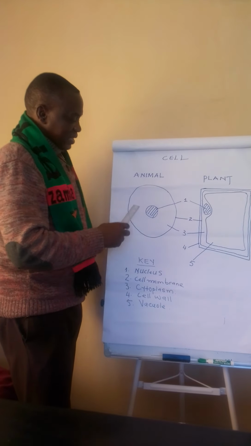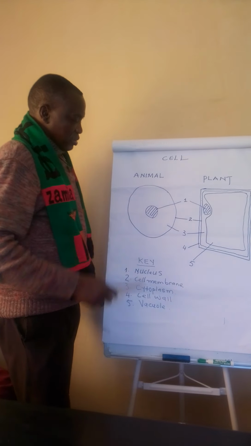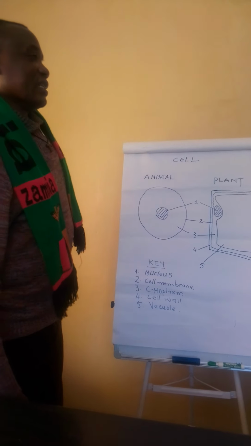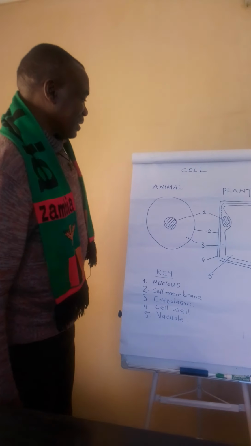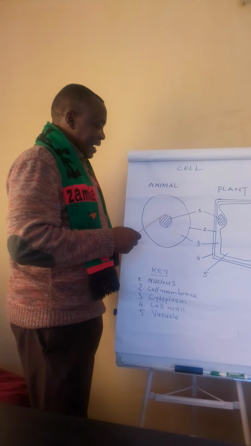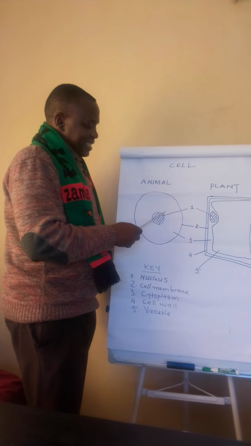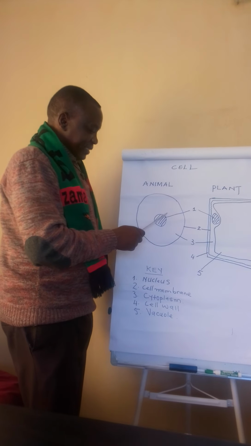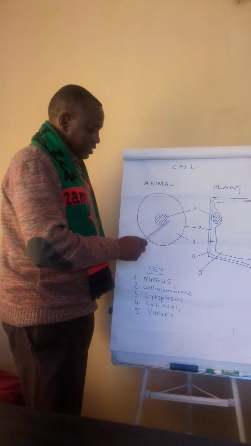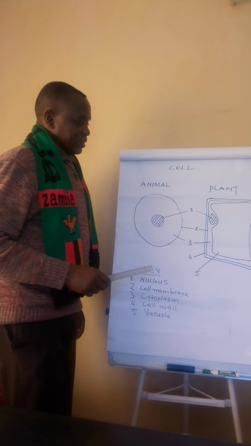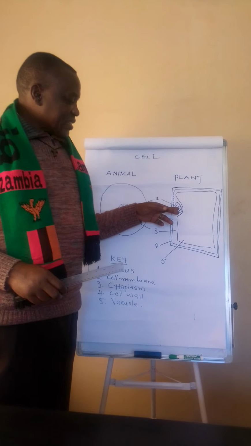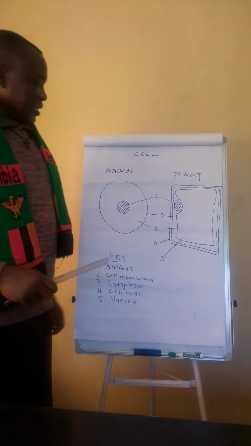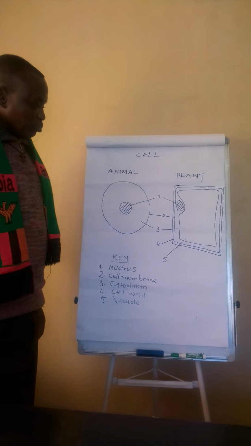Okay, you can see there's a large space for cytoplasm. And normally, in most cases, you'll find that in animal cell, the nucleus is centrally located. It is at the center in most of the animal cells. Whereas in plant cell, the nucleus is not centrally located. You can see the location of the nucleus there.